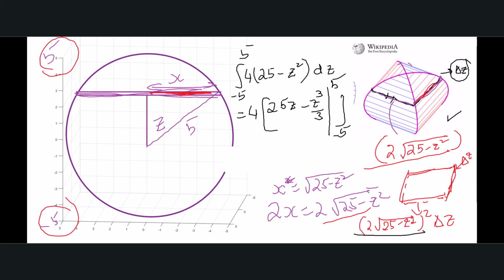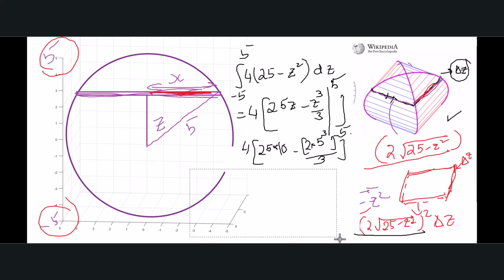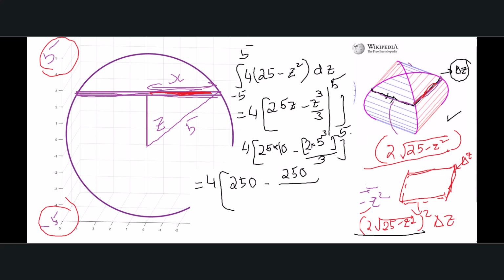So what you will have then is 4 times 25 times, 5 then -5, so that will be 25 times 10, and then minus 5 cubed minus negative 5 cubed, so the two together become 2 times 5 cubed divided by 3. Then we have 4 times 250 minus 250 over 3.